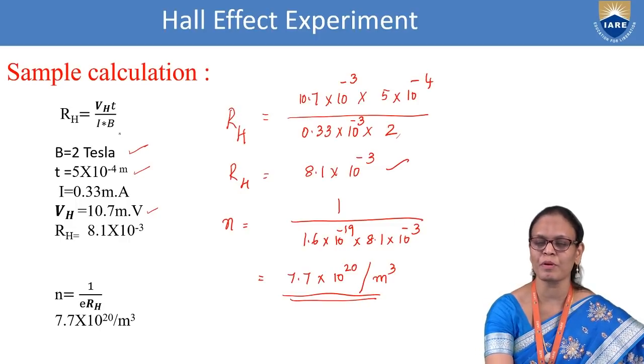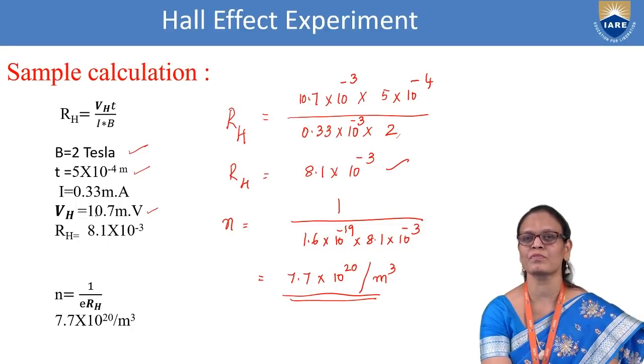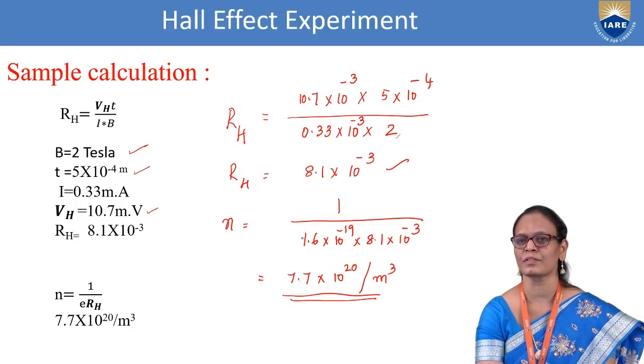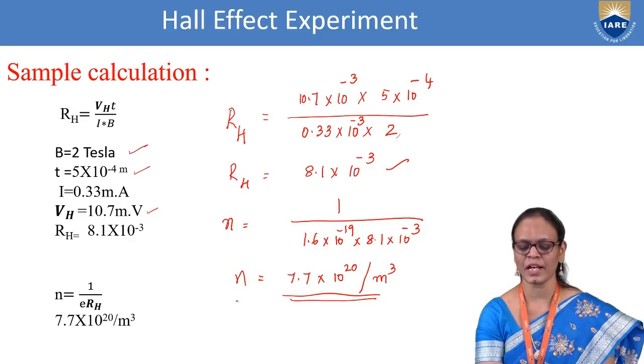You also have to remember that conversion of units is important. You will have to do everything in the SI system here. So the charge carrier density is 7.7 into 10 power 20 per meter cube.